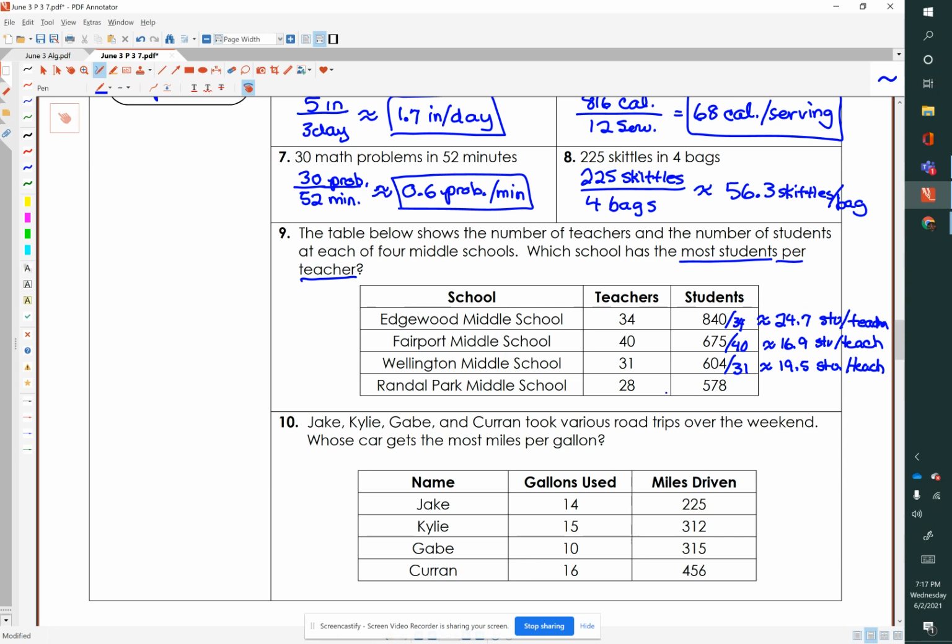And 578, this is Randall Park Middle School, divided by 28 comes out to about 20.6 students per teacher.